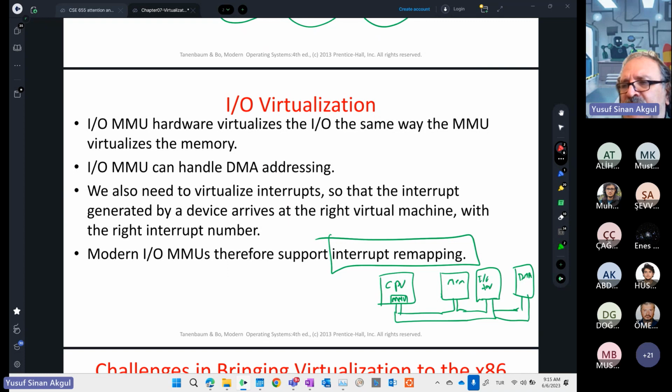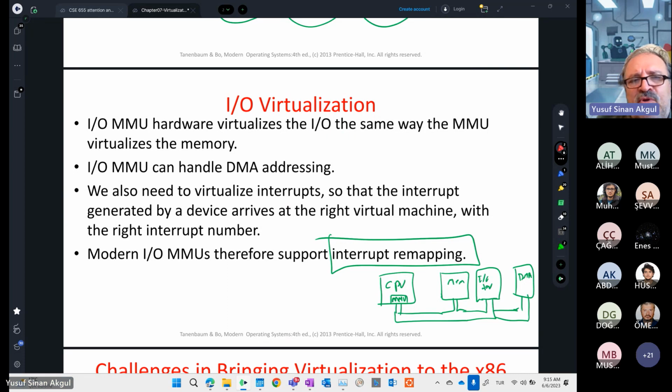And somebody has to manage this because my whole operating system is running in the virtual mode. When the operating system programs the DMA, it has to give the physical addresses, but the operating system doesn't know the physical addresses. It knows the virtual addresses now. So this IOMMU will help me to use the DMA.